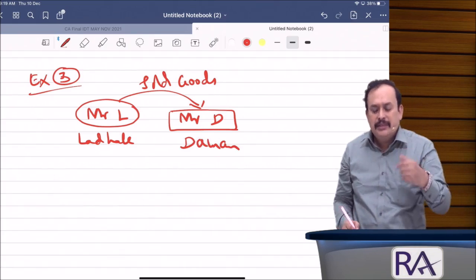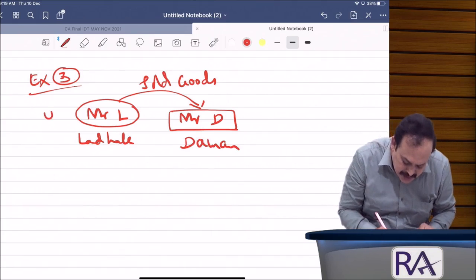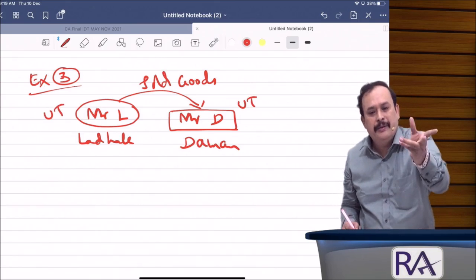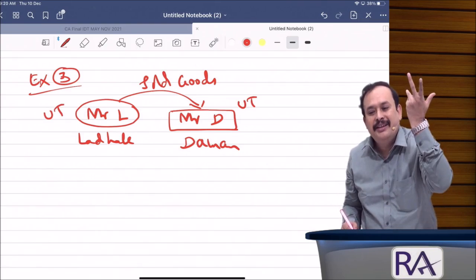Let us say both are UTs, with no state assembly. Which will levy?